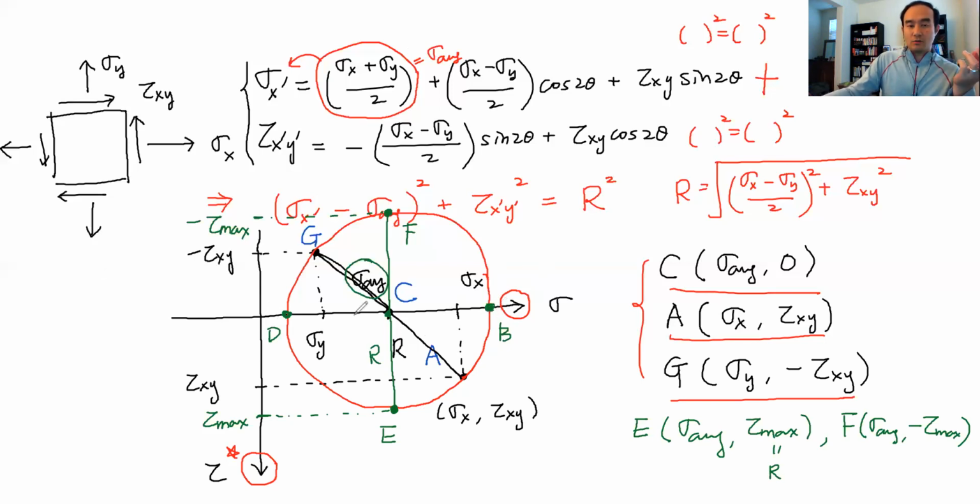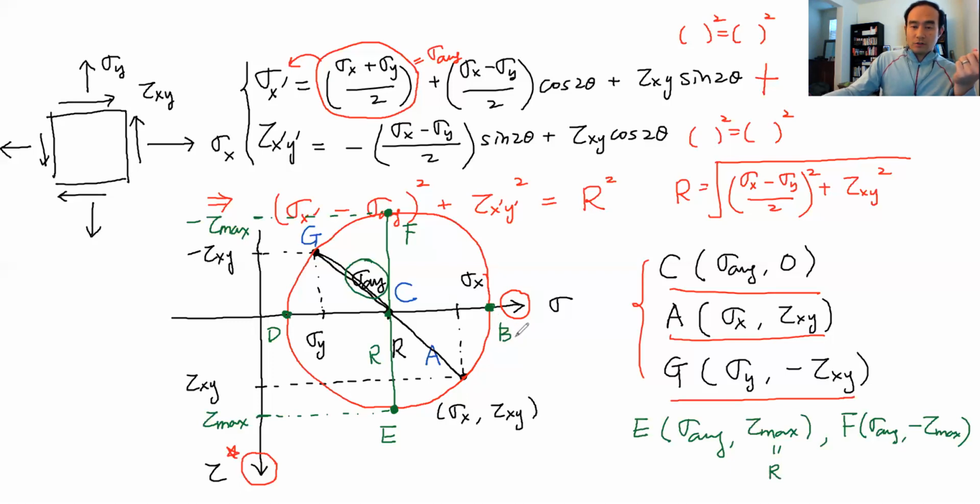Normal stress is the quantity along the horizontal axis. The minimum value starts from here, then we maximize the sigma value along this line at B, then it goes back through the average value to the minimum.